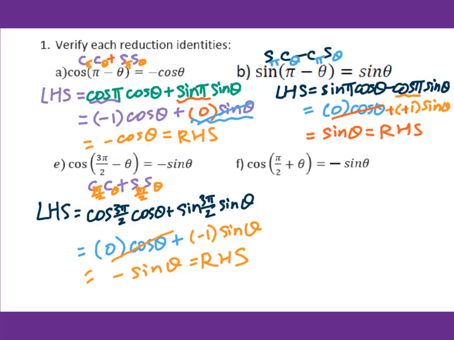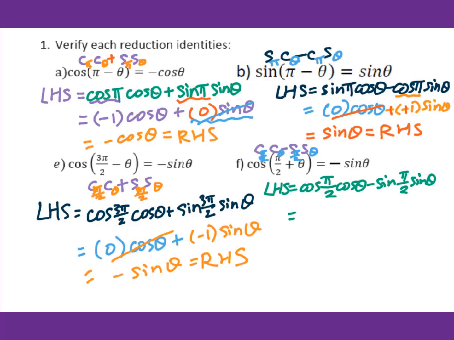Now go to F. For cosine(pi over 2 plus theta), that's a CCSS. Then this is a negative. We got pi over 2, theta. Therefore, left hand side equals cosine pi over 2 cosine theta minus sine pi over 2 sine theta.